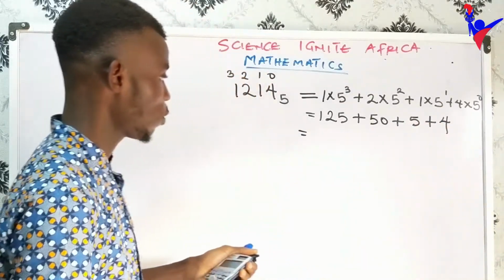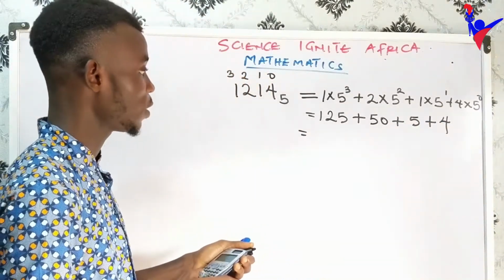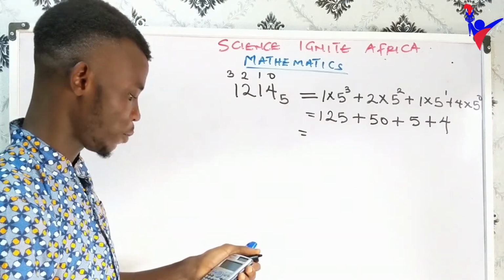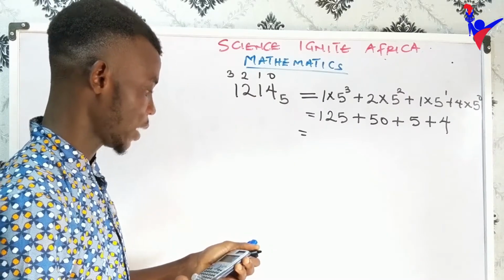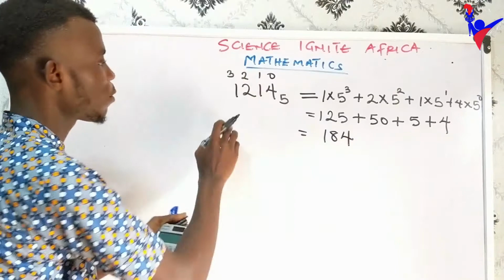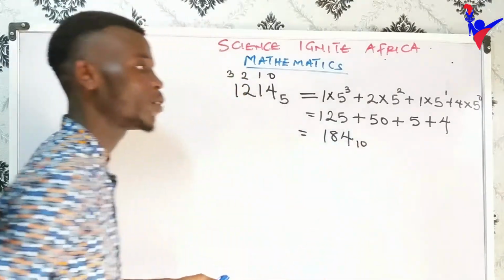Then 125 plus 50 gives us 175. 175 plus 9 gives us 184. So having converted this, we have 184 base 10.